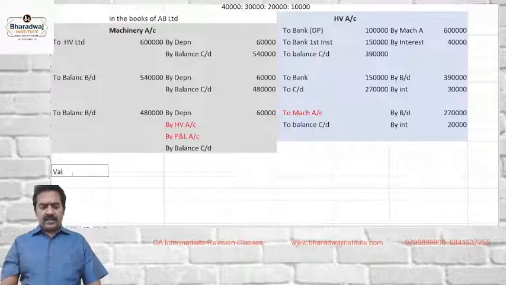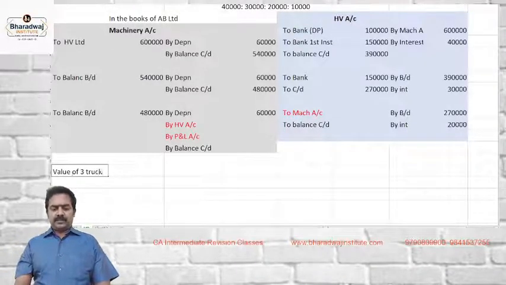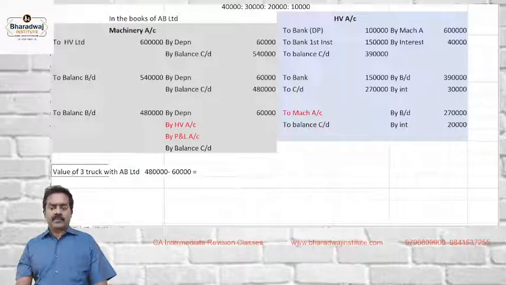Okay, what is the value of 3 machines with ABC Limited? 4,80,000 minus 60,000. What is the value of 3 machines? 4,20,000.